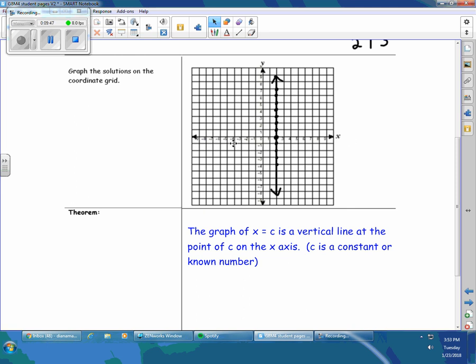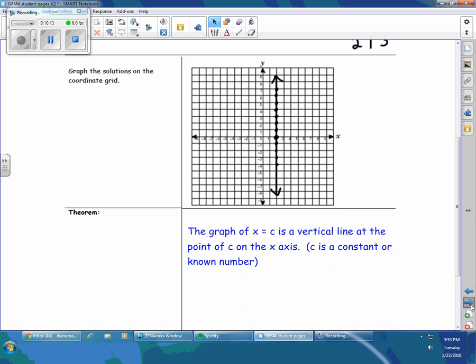So we come on the x-axis, put a dot where 2 is, and we draw a vertical line through it. And that's how we know. A vertical line is an up and down line, and there is no y value given. That's because y equals 0 and it dropped out of the equation. So it's going to be a vertical line. Regardless of what our y value is, x is always going to be 2 here.